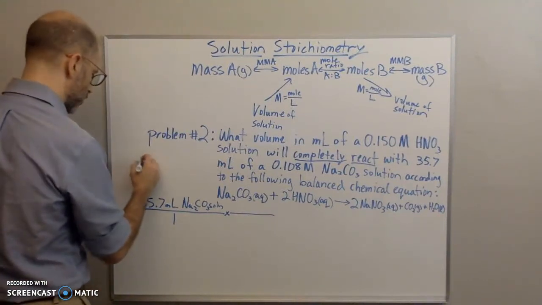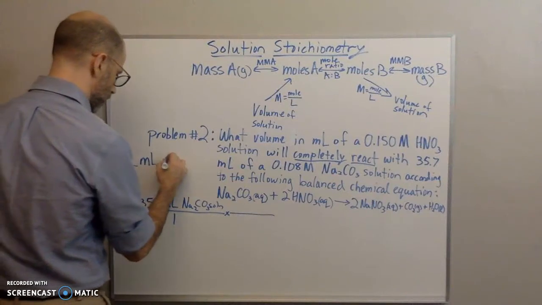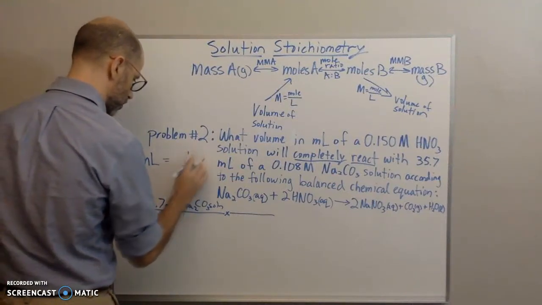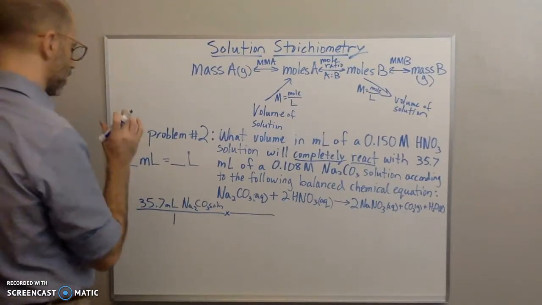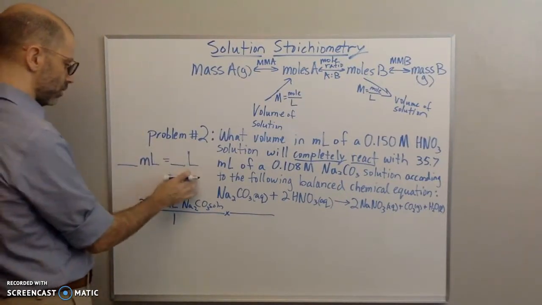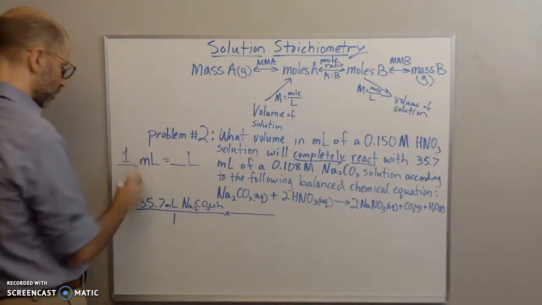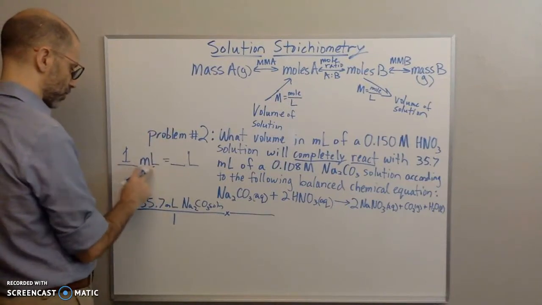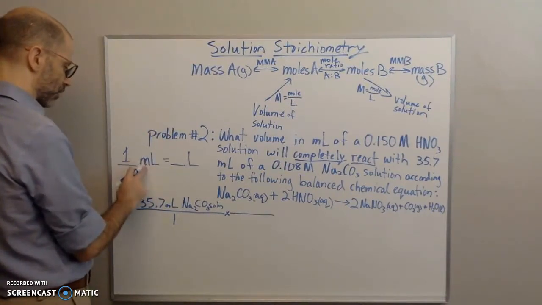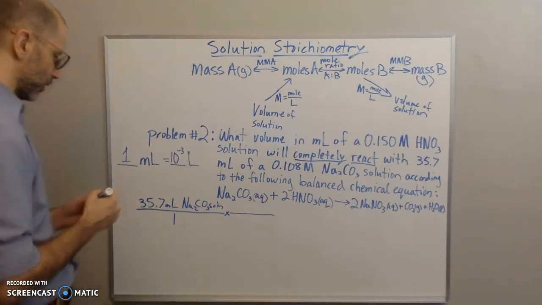And so to remind ourselves of the relationship of milliliters to liters, I always put the 1 with the prefix, because I know what the prefix multiplier is. I'm going to put that with the base unit. The prefix is 10 to the negative 3, so I'm going to put that with liters.